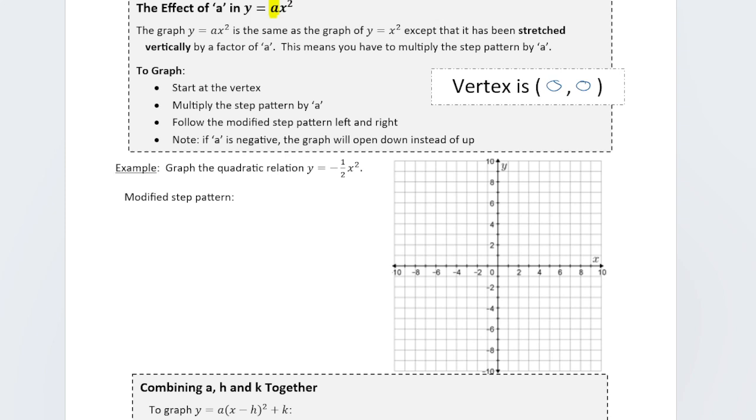It's still (0, 0). All we have to do is multiply the step pattern by this a value and graph. Let's do the base one, y = x². So start at (0, 0), over 1, up 1, up 3, up 5, and mirror it on the other side.